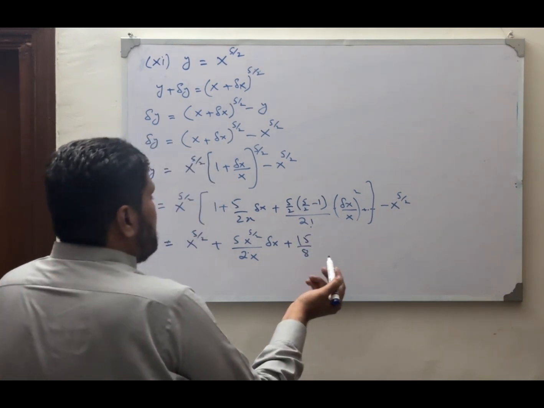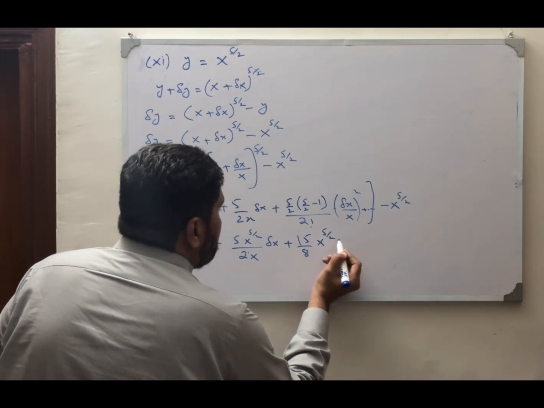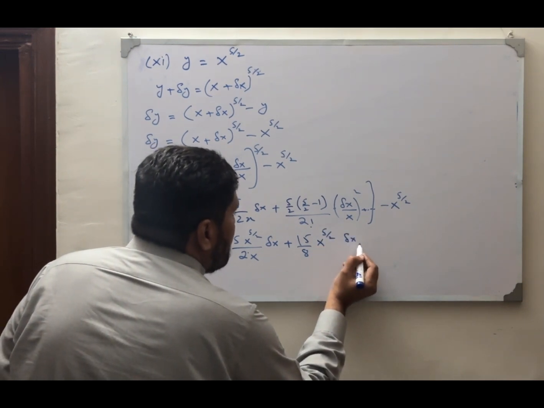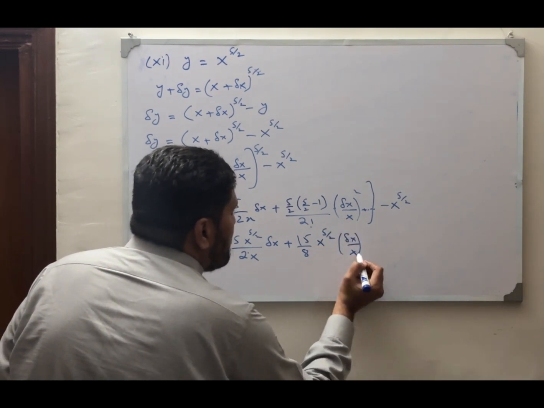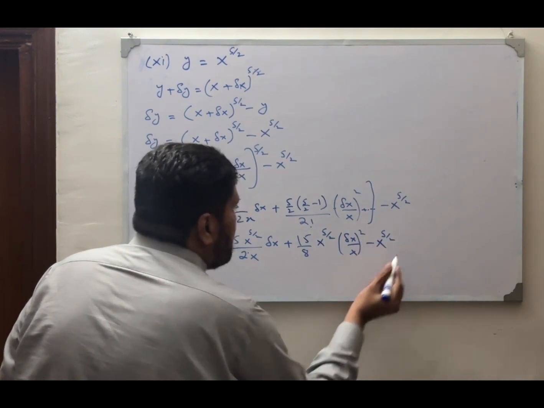So 15 by 8 x power 5 by 2 into delta x by x whole square minus x power 5 by 2.